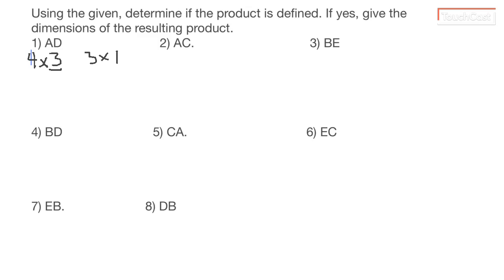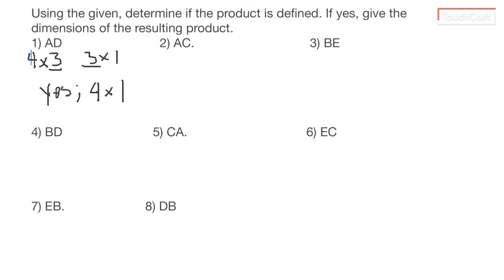We've got that, so yes, we can find a product. The new dimensions are going to be the number of rows from the first matrix, 4, by the number of columns in the second. So it's going to be a 4 by 1 matrix.